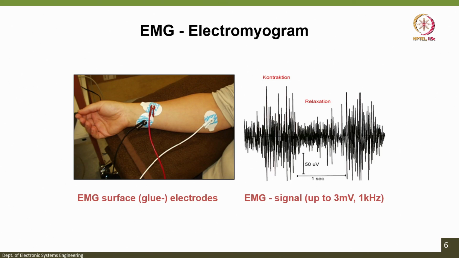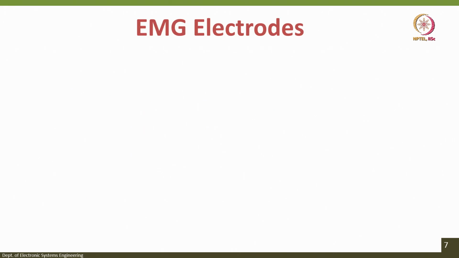When you contract it, it can be as high as 3 millivolts, measured around 1 kilohertz, and there is a sudden reduction in the voltage as soon as you relax it. So, the contraction and the relaxation result in a signal that can be measured using electrodes, and that we call EMG.